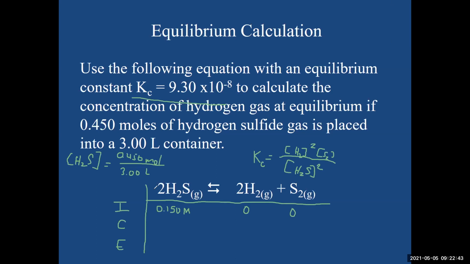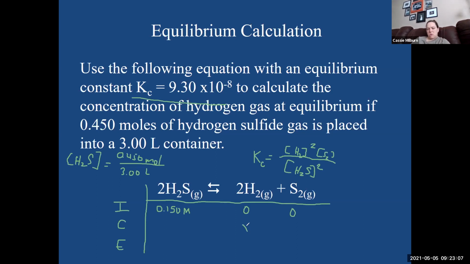So in the beginning, we only have the reactant, right? So during the change, what's going to happen? It's going to dissociate, so it's going to break down. And then what gets generated? The hydrogen and sulfonic acid.